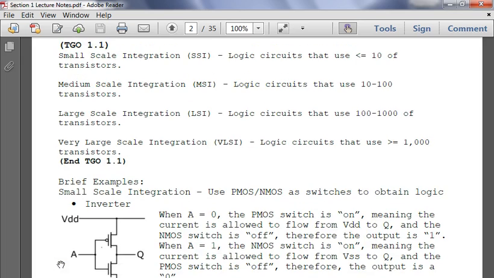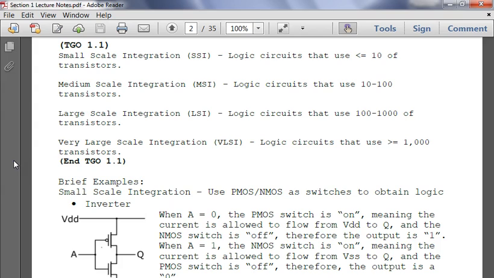All right, so this is an example of an inverter here at the bottom of the page. This is an example of a pull-up and pull-down network. This here is what's known as a pMOS transistor, and this is an nMOS transistor. You think of them as switches, like light switches, where you want a 0 on the input and a 1 on the output, so the inverter.